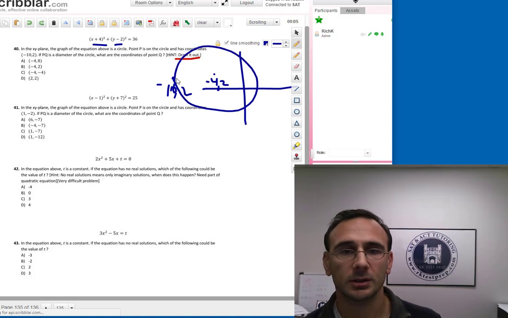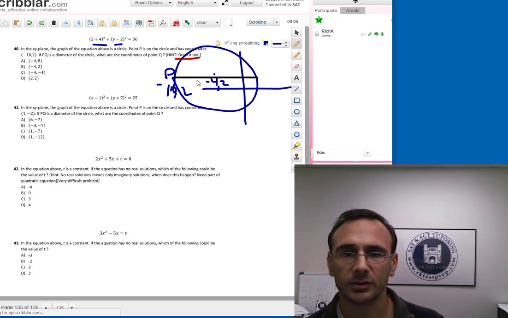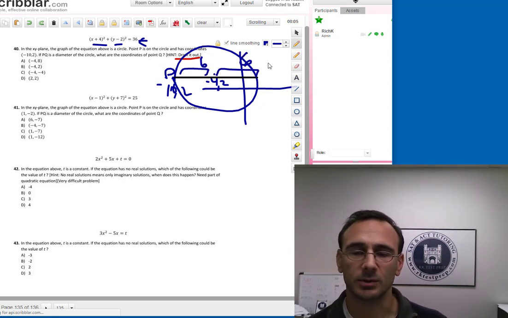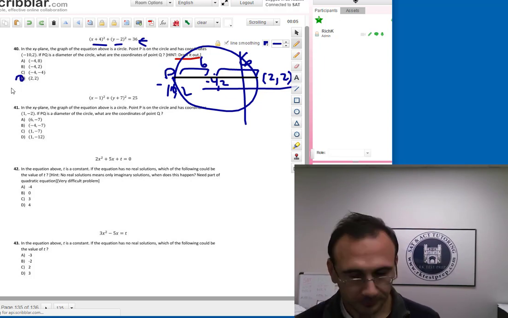So that's our circle. And then PQ is a diameter. If that's our P that we just labeled there, if we connect it straight across, that should be horizontal. We know the radius is 6 because r squared is 36. So if that's 6, that's also 6. So we go 6 units to the right. Negative 4 plus 6 puts us out here at 2, 2. That's why it's D.